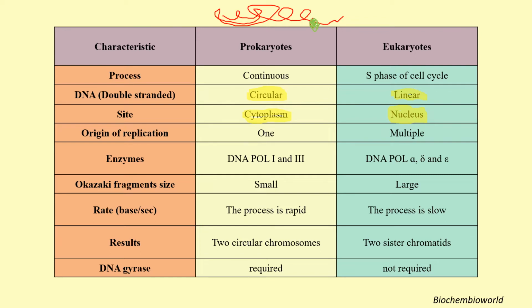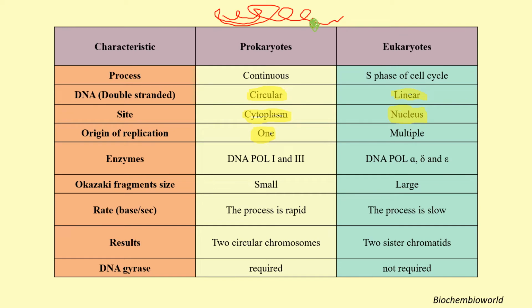Usually the prokaryotic genetic material is smaller in size, so the origin of replication is usually one in number. We do not require many origins of replication because the genetic material is smaller. But in eukaryotes, the genetic material is very large.